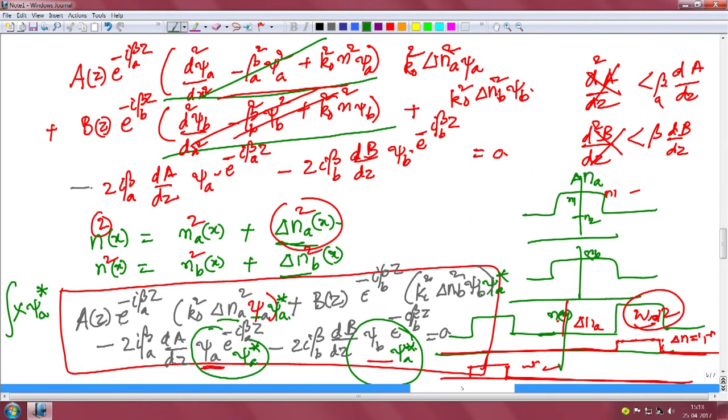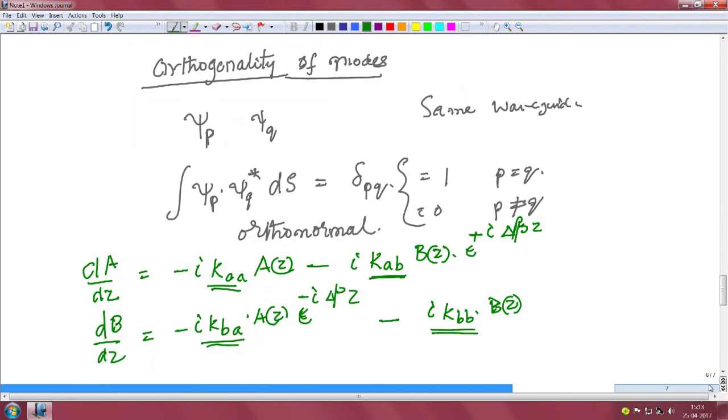So, you have A of z multiplied by k0 square and delta Na square, and here you have 2I delta beta A. So, this goes to 0, and this is divided by this, and I have multiplied throughout by e power minus I beta a z, so this will not appear at this point. So, the final equation is like this.